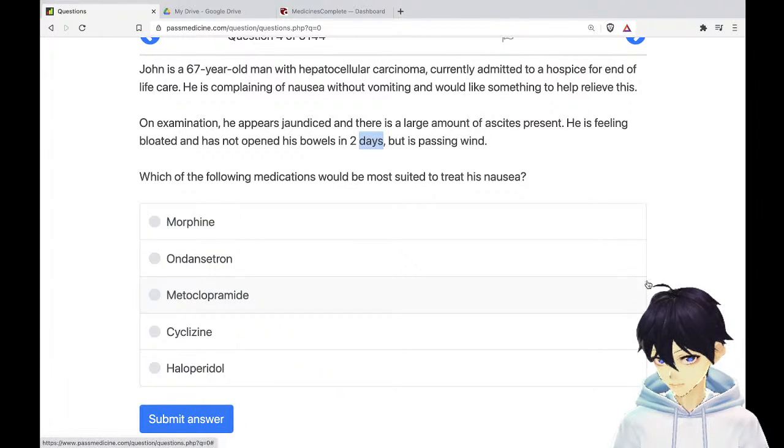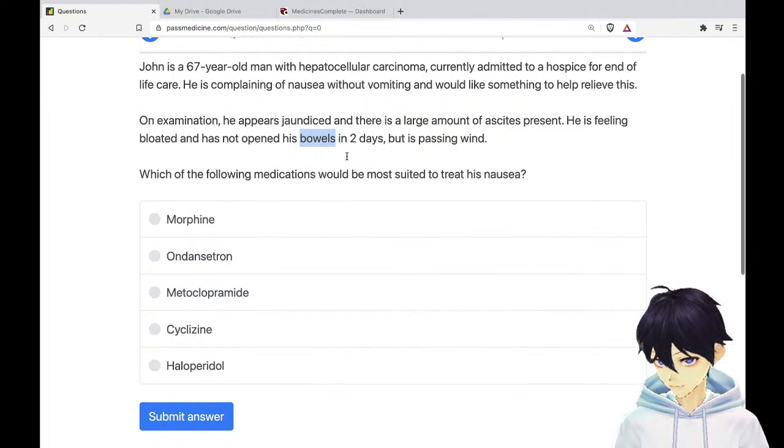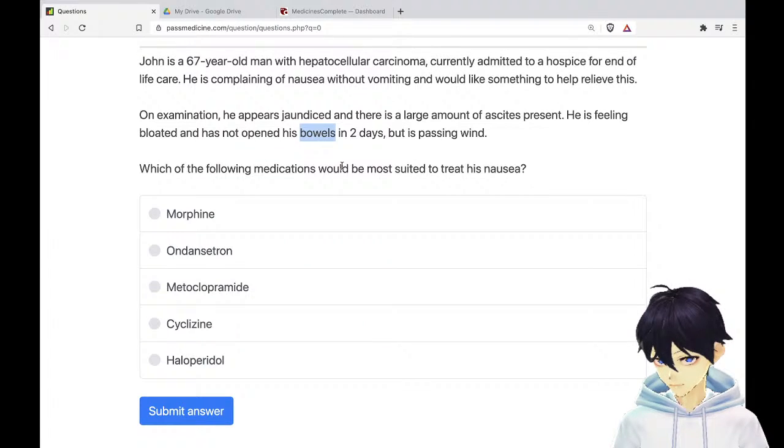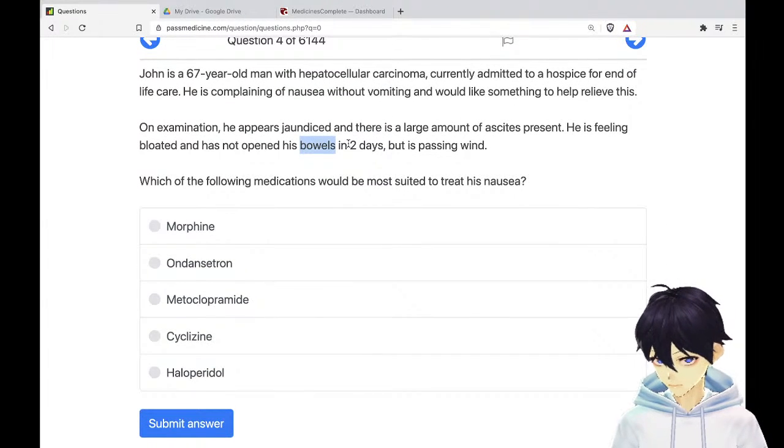If it's related to him not opening bowels, he might need a laxative with his antiemetic.